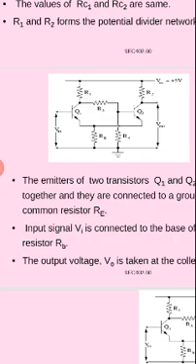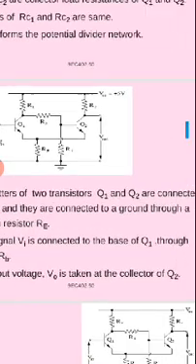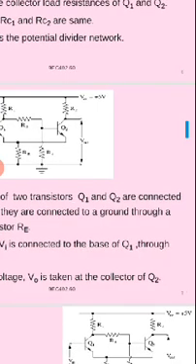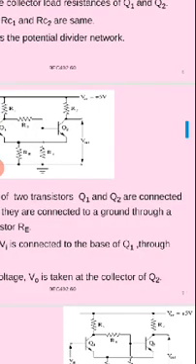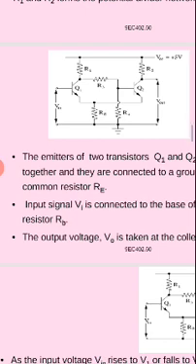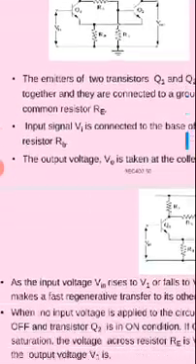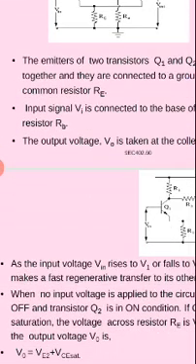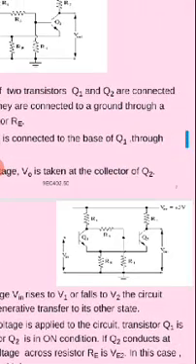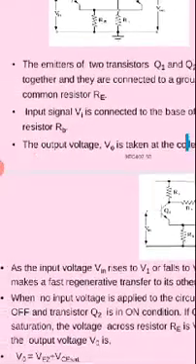Input signal Vi is connected to the base of Q1 through resistor Rb. The output voltage V0 is taken at the collector of Q2.